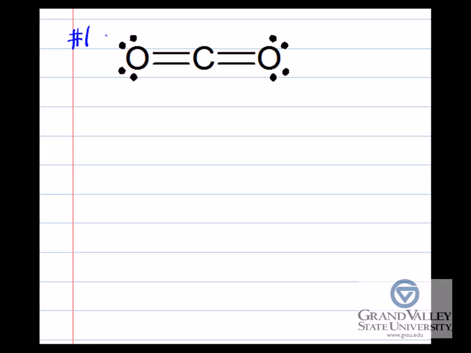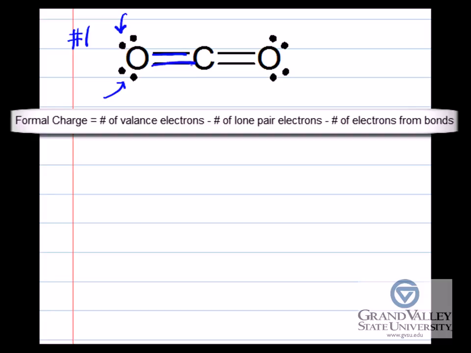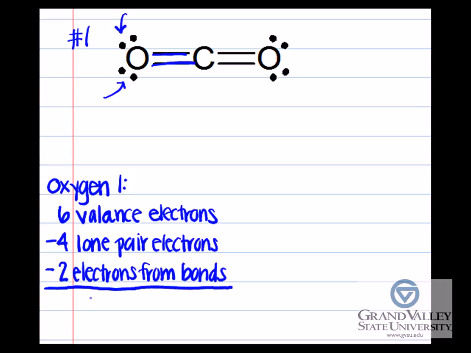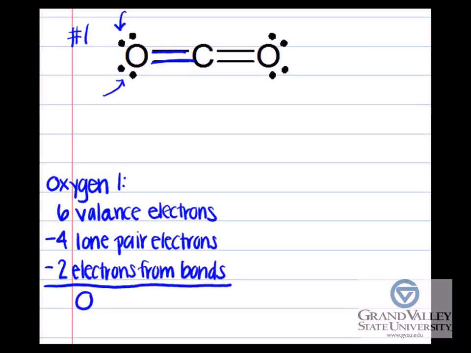Oxygen has 6 valence electrons, and in this diagram it also has 2 sets of lone pair electrons, making a total of 4 lone pair electrons and 2 bonds. This means we have 6 valence electrons minus 4 lone pair electrons minus 2 electrons from bonds is 0.